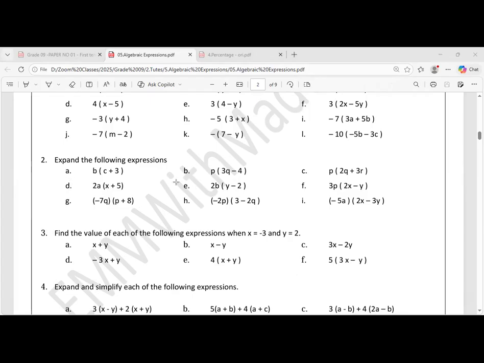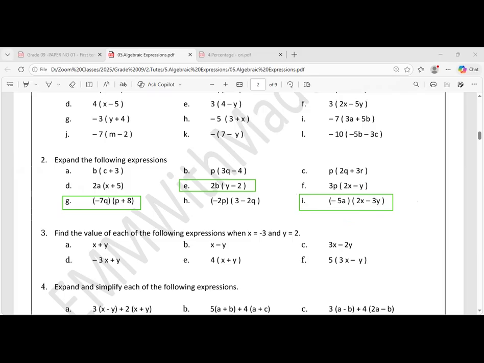Try to do part E, then part G, part H. Sorry, part I. Please do these 3. Do it fast.